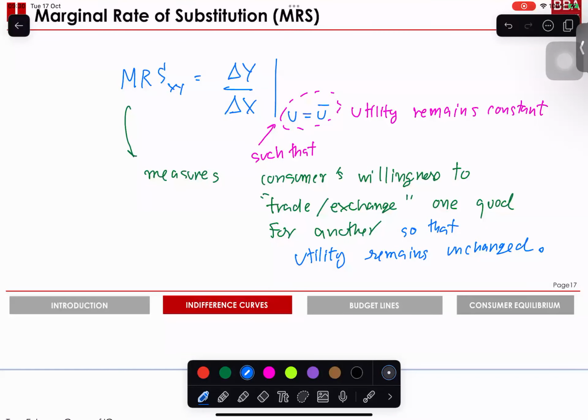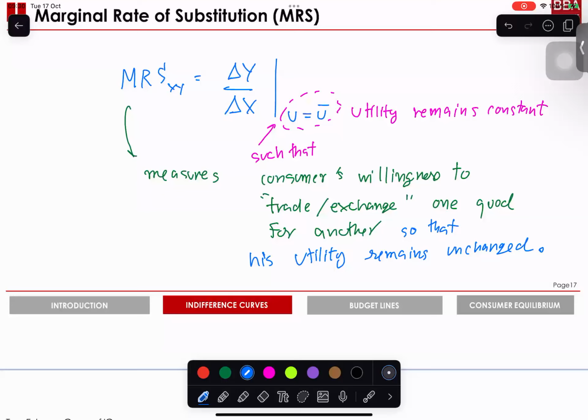this index measures how this guy is willing to exchange one good, Pepsi, for pizza, such that his utility remains unchanged.